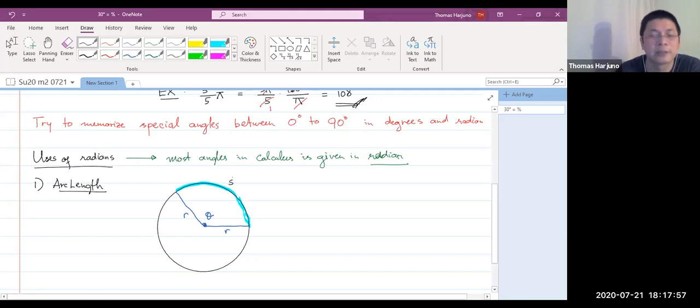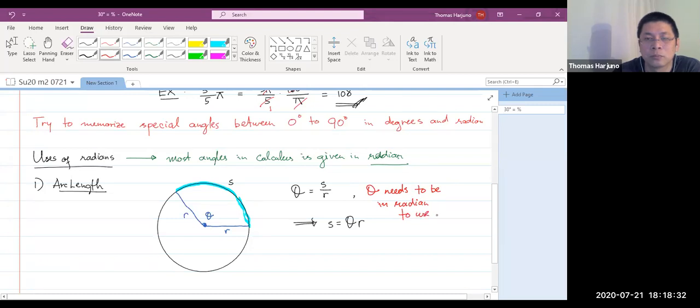If this is S, then theta in radian equals S over R. Consequently, if we want to find the arc length, that equals theta times R. Now the thing is, theta needs to be in radian to use this formula. Okay, that's for the arc length.